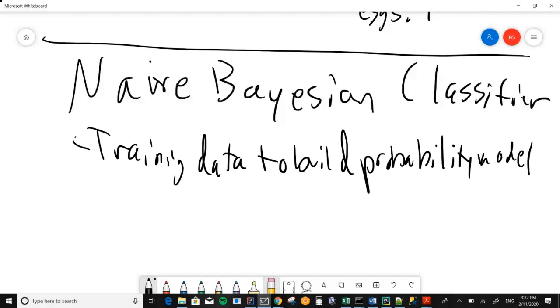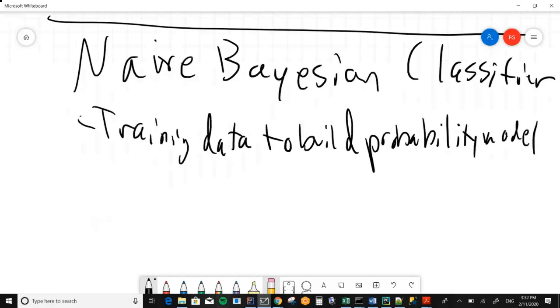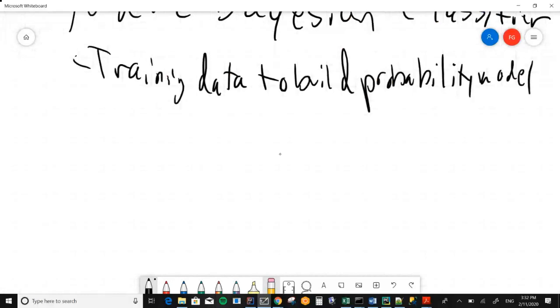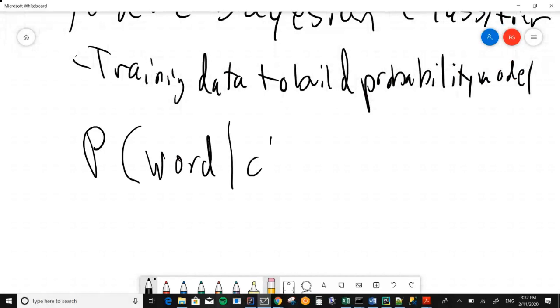So what do I mean by this? Well, let's imagine the bag of words idea, okay? So if we think about this bag of words idea, we can think about trying to calculate something like this. What is the probability that a given word appears, perhaps with a given count? So the probability that a word appears given the classification that it was labeled with.